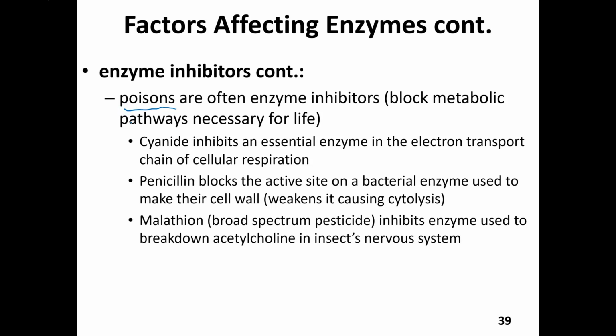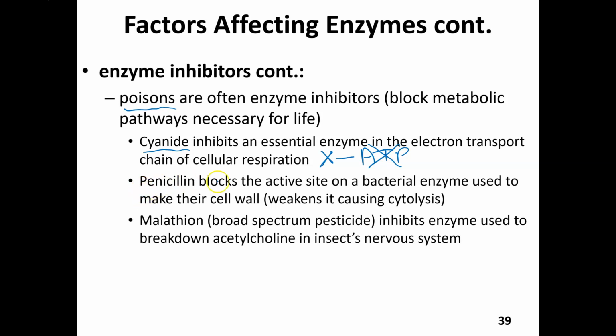So poisons such as cyanide can block enzymatic activity in the electron transport chain. And what that does is it stops us from producing ATP. So we can't produce ATP. And ATP, as you remember, is the energy currency of our cells.